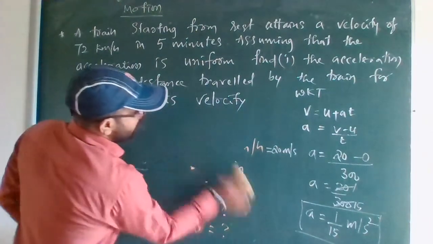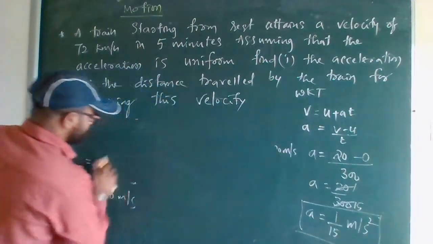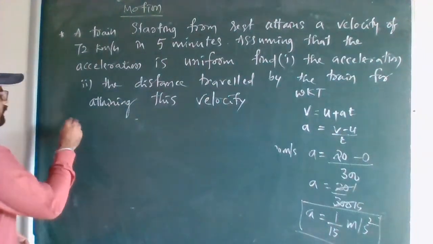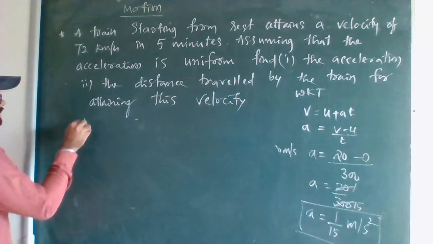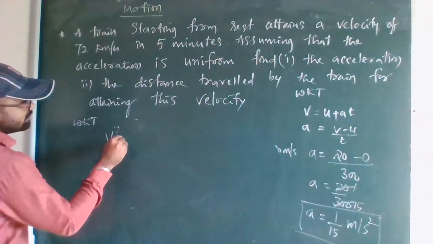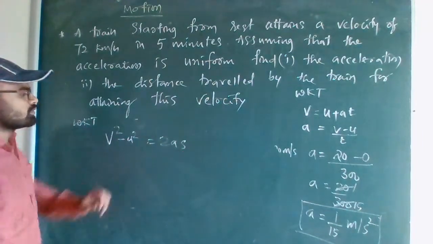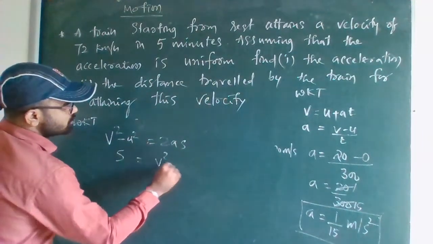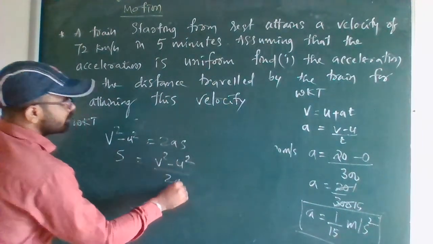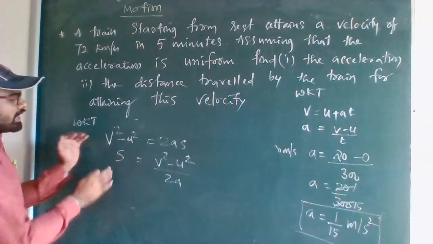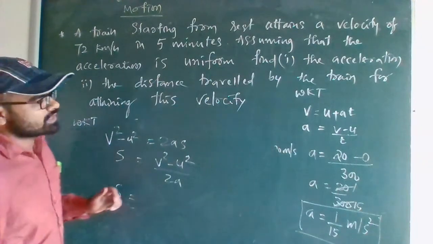Now I will move to the second one, that is displacement. We know that V square minus U square is equal to 2AS, and I need to find S. So S is equal to V square minus U square by 2A. So S is equal to, what is my V square?